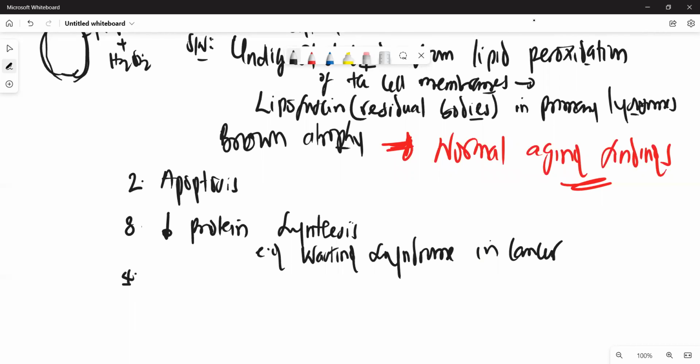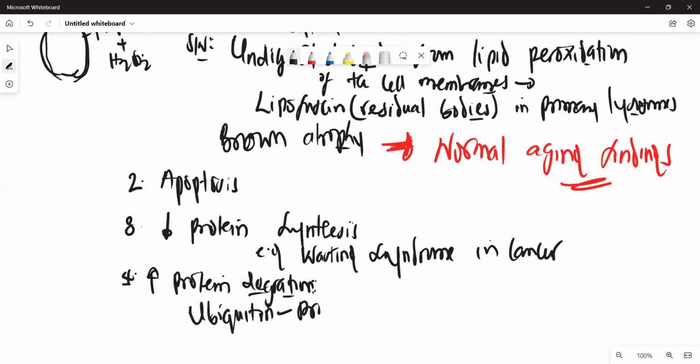And number 4, which is the last one, is increase in protein degradation. A classic system or pathway that we have in our body that we use to break down protein is the ubiquitin proteasome pathway.